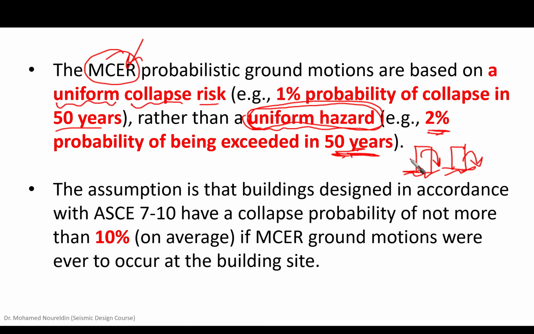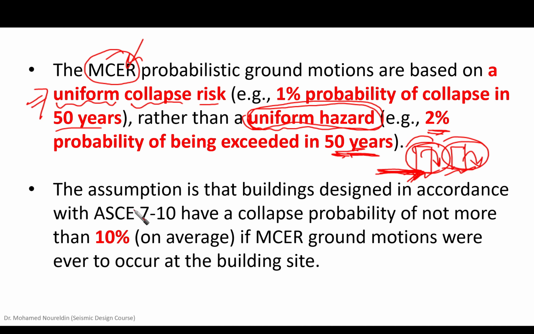So now we started to say, well, this is not right. We need to use another philosophy, which is uniform collapse risk, which takes into consideration the hazard uniformity and the collapse uncertainty of the buildings.